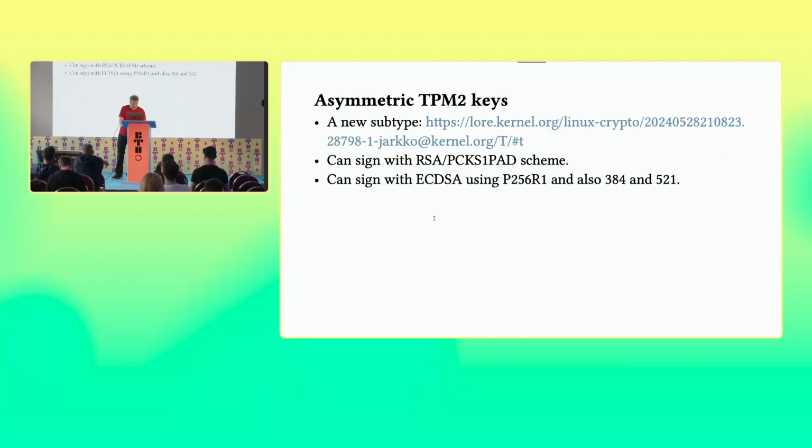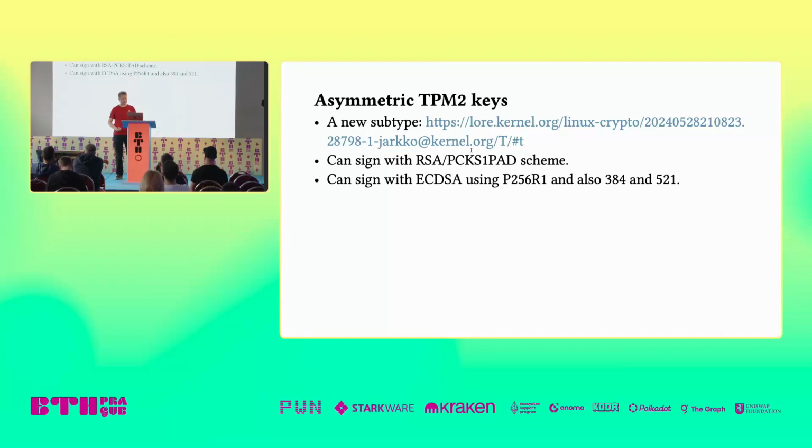But the first thing that I started working on was this kernel patch set that can sign stuff with the private key in the TPM, using RSA with the PKCS1 padding scheme, because you need to pad what you sign in RSA to make it actually secure.